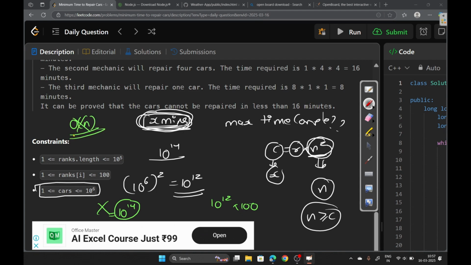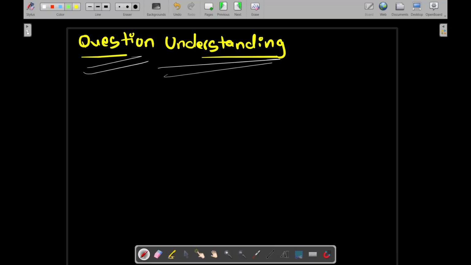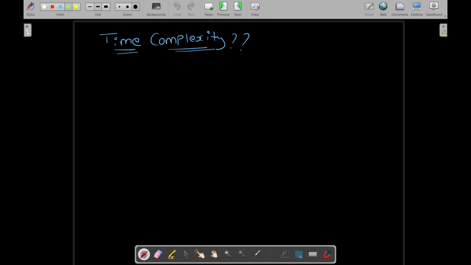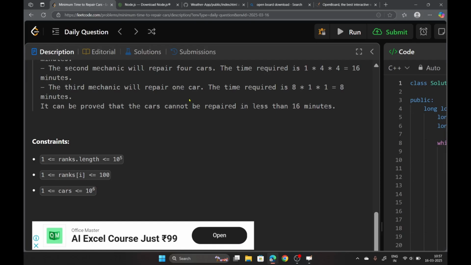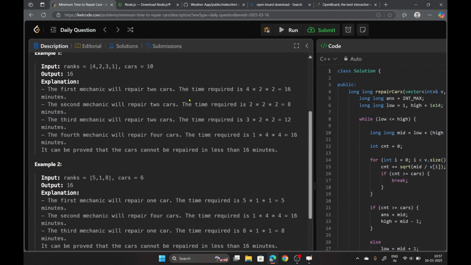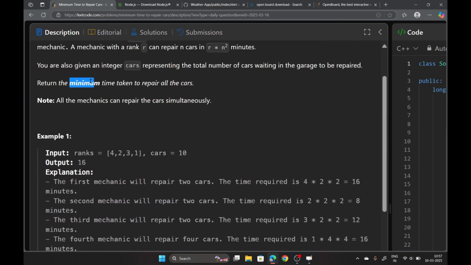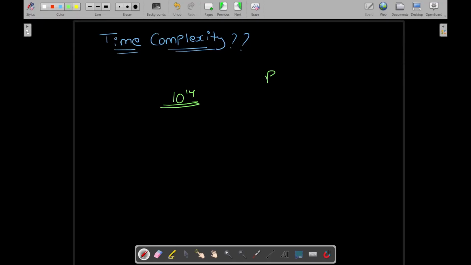Okay, let us move towards our blackboard. Time complexity, as we understood, is 10 raised to 14. How to optimize this? Now, if you have seen my daily problem from the day before yesterday, I explained that whenever there is something like minimum, maximum, maximum of minimum, minimum of maximum, please try binary search.